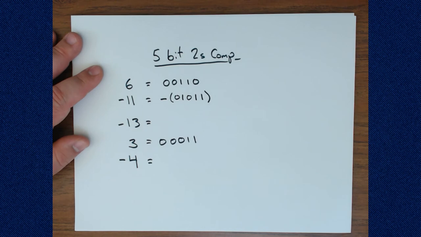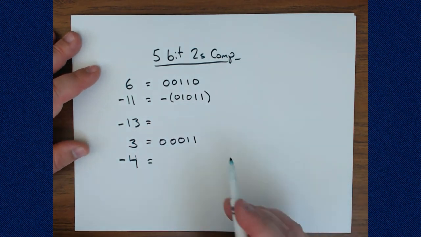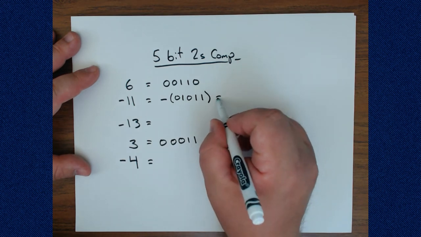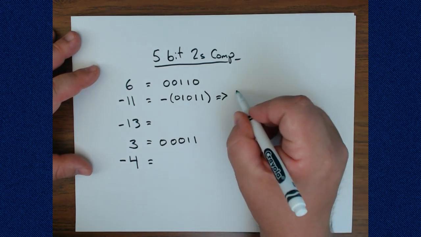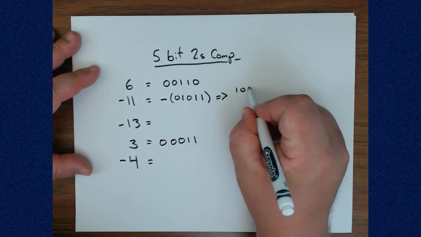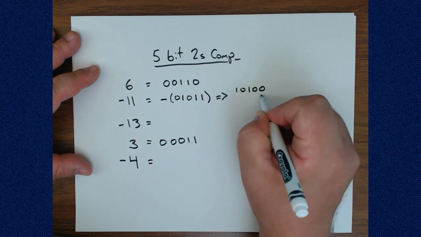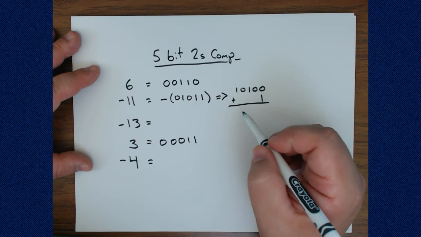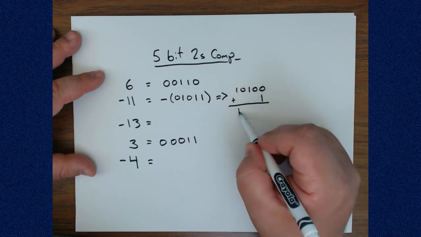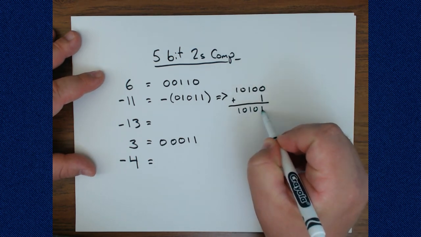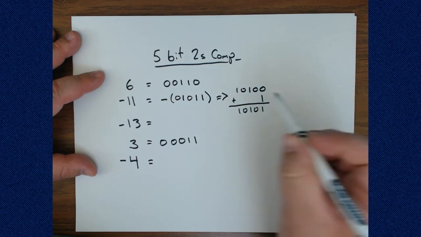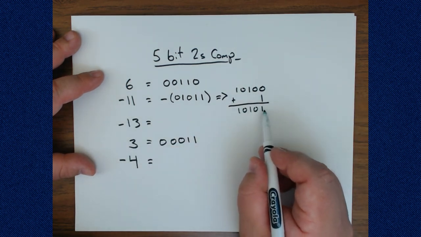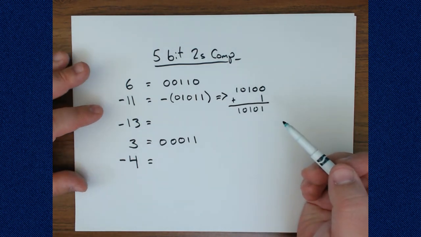Now, how do I perform the negation operator on this bit pattern? Well, I flip all the bits, which will give me 1, 0, 1, 0, 0, and then I add 1. And that'll give me the resulting bit pattern, which is our answer, 1, 0, 1, 0, 1. So negative 11 is the bit pattern 1, 0, 1, 0, 1 in a 5-bit 2's complement machine.